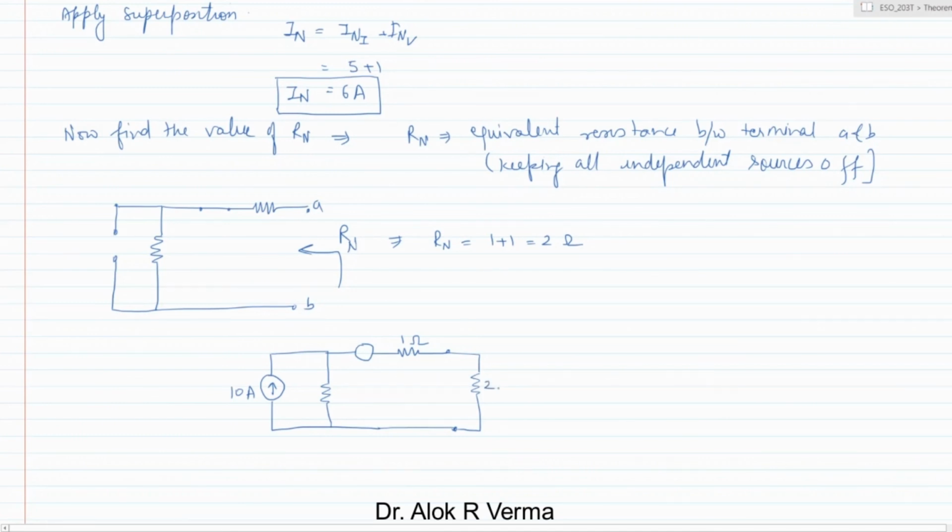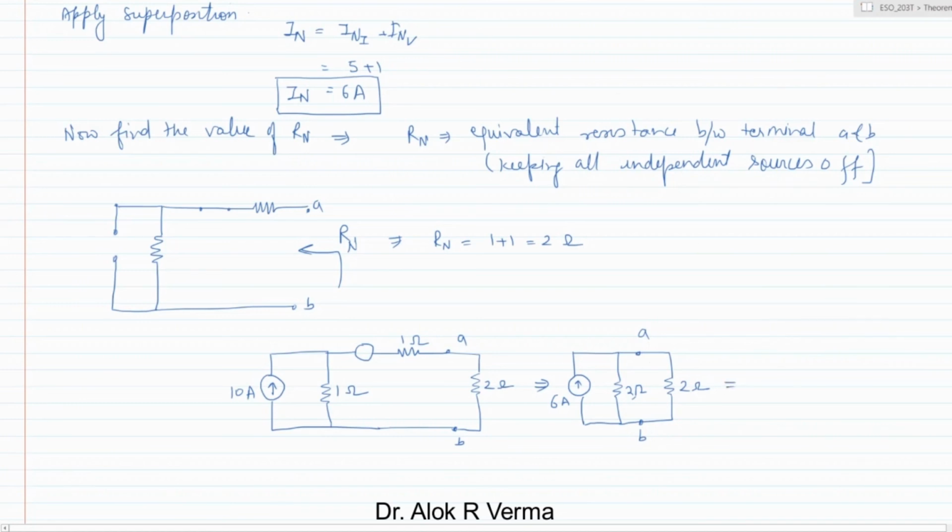This is 2 ohm, this is 1 ohm. Now this circuit is converted between the terminals A and B as 2 ohm, this is also 2 ohm, and this is IN, which is 6 ampere. What is the voltage between terminals A and B?